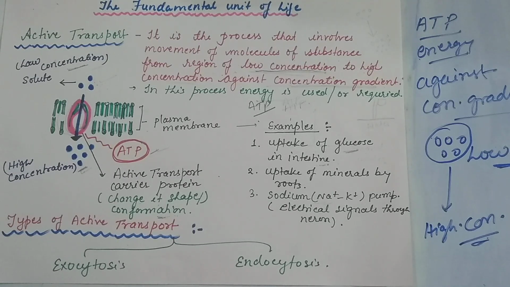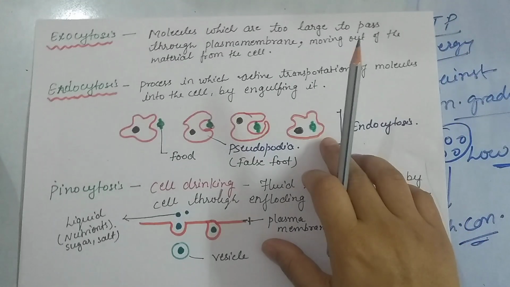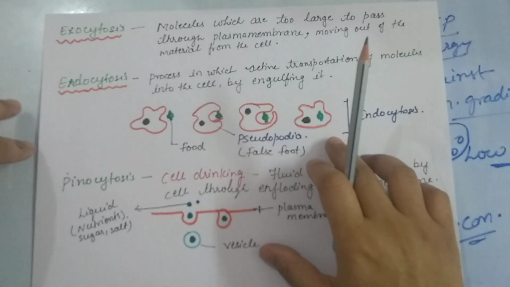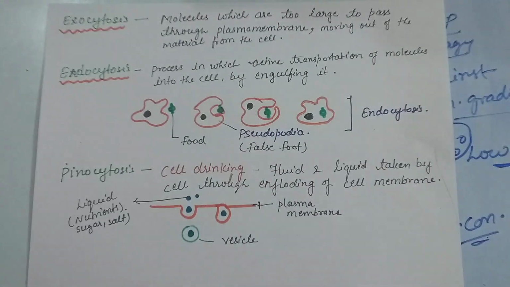Now, types of active transport. Basically, there are two types of active transport: exocytosis and endocytosis. Sometimes the molecules of the substance are too large to pass easily through the plasma membrane.